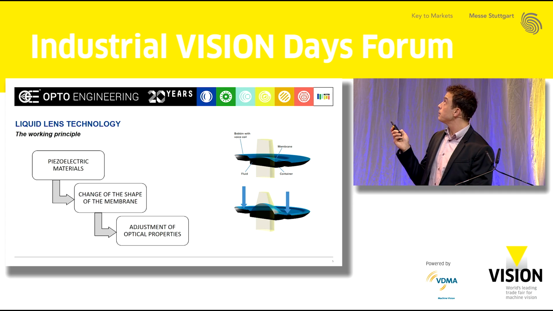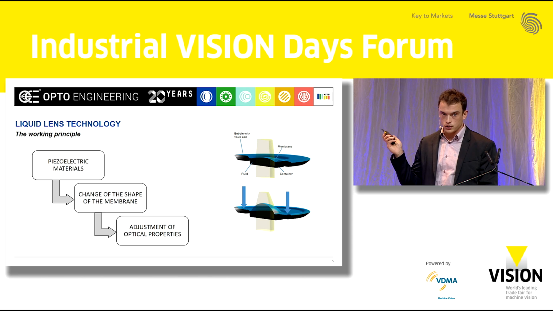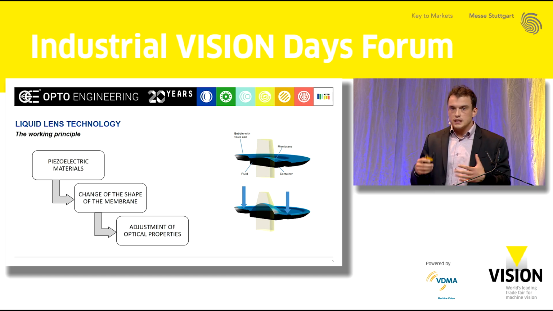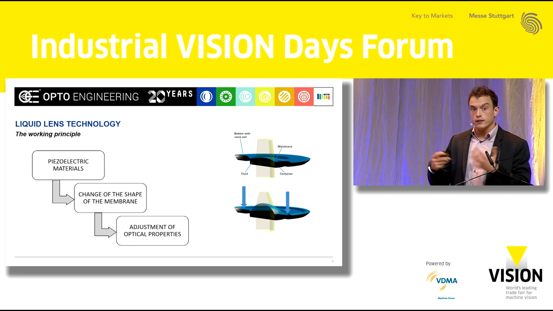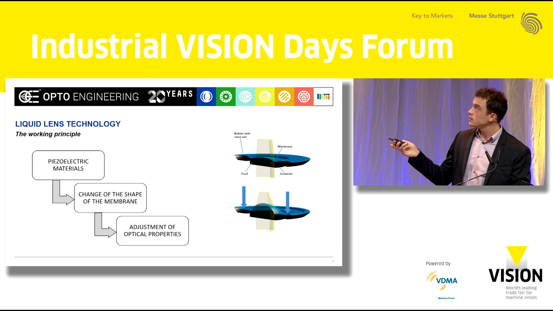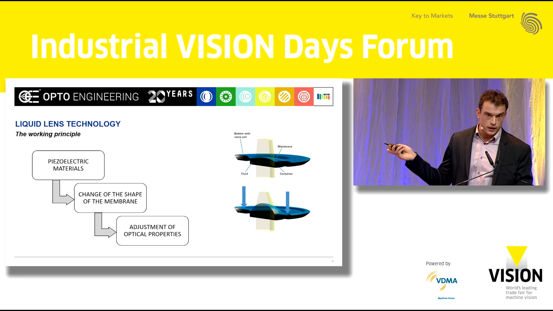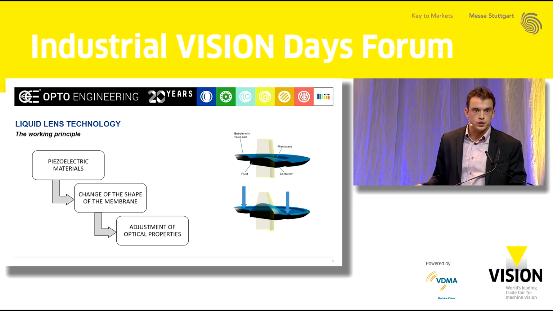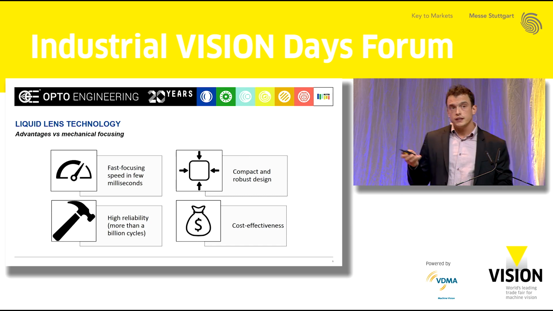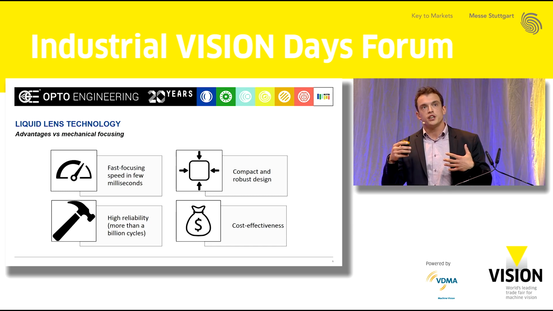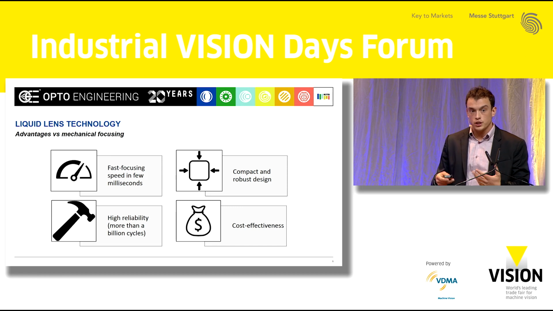So you can simply let some electric current pass through the membrane, thanks to this coil around it, and you can change the shape of the membrane itself. So you are changing the shape of the lens created by this membrane and the liquid inside it, so you can adjust the optical properties of the liquid lens simply using an electric current. Of course, this allows you to change the focus, so to refocus the lens, to change its properties.